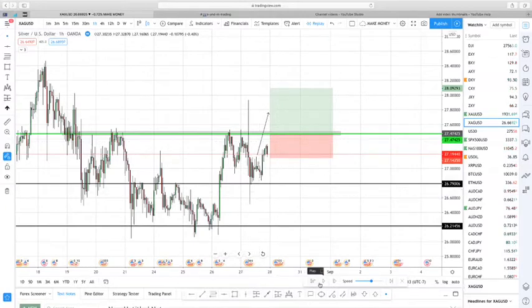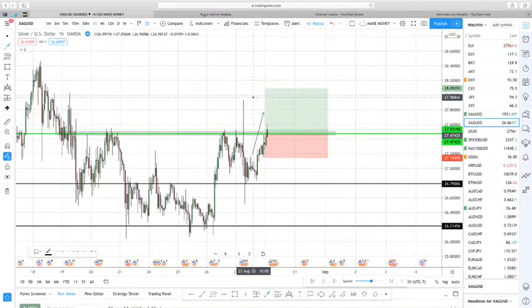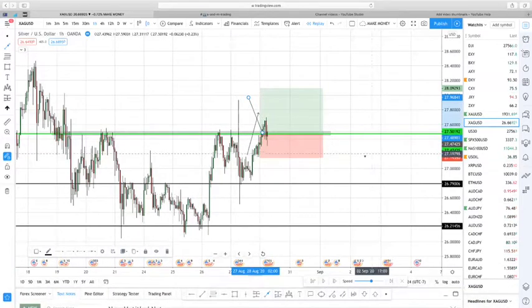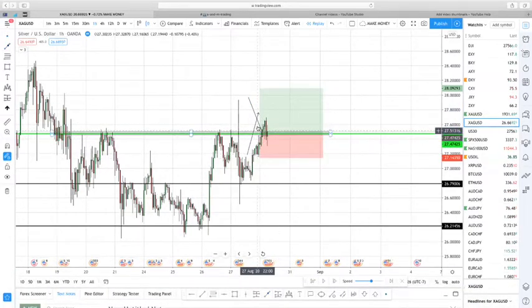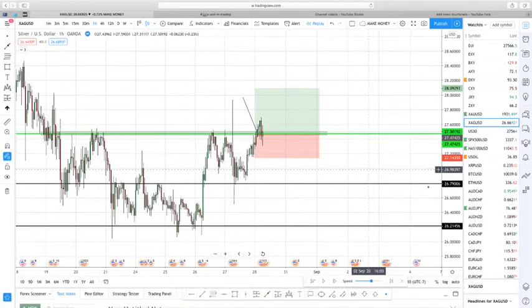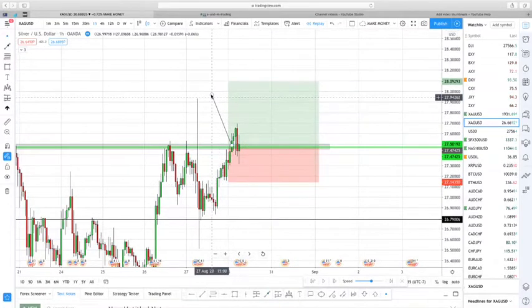So as soon as price reaches this area right there, you're placed into the trade. Price reached and passed that area because you're expecting price to keep coming up.